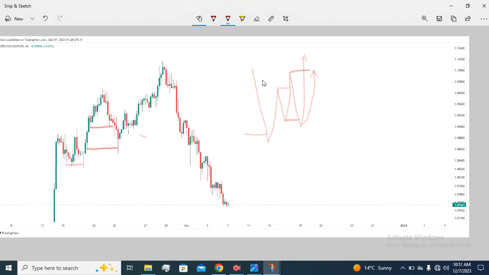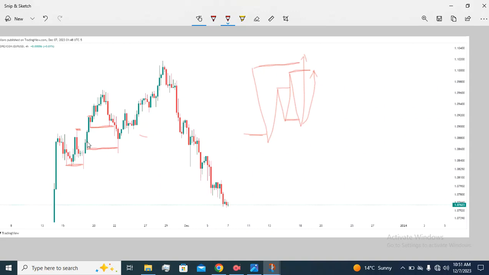We said also for this bullish standard model to be high probability, we should have a market structure shift, which we have right here, right? Sweep of liquidity, which is this one. Then market structure shift, we said we should be having around here, which is this one.